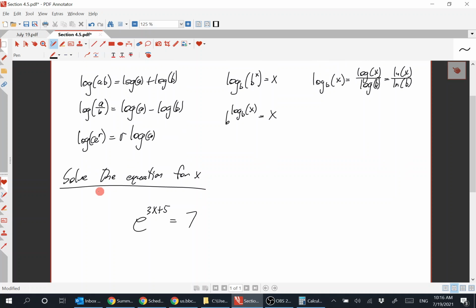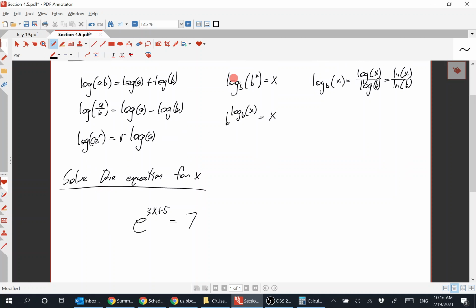All right, let's write it in terms of e. The log base b of b to the x is x, so with e, the log base e of e to the x is just x, and e to the ln x is equal to x.